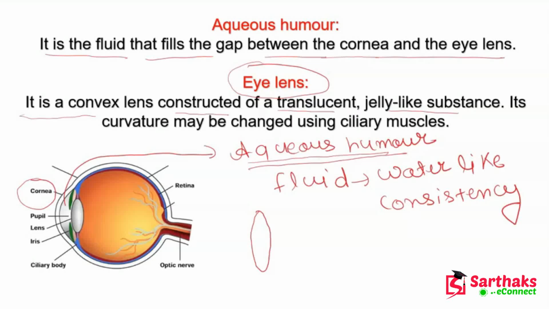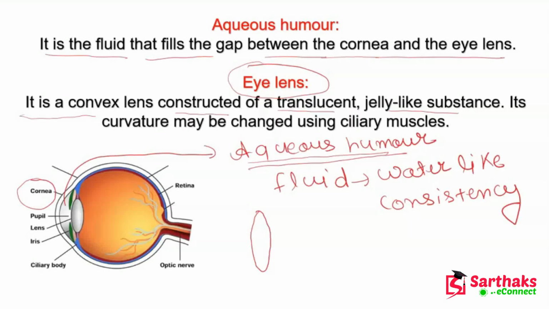Now you have to see the objects near you, and you also have to see the objects far from you. Both the objects are to be seen. So the focus of this lens has to be changed to see the different objects. Because if the focus is the same, then it will only be able to see the objects near it, or far from it.